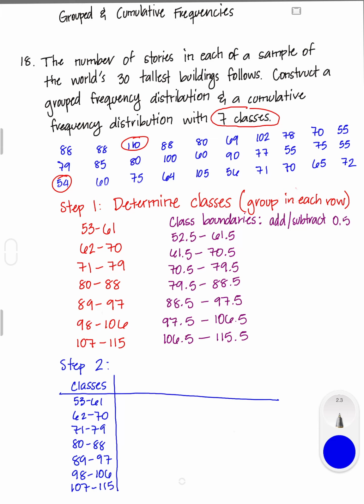Now we have the boundaries. I'm not going to rewrite those, but in this column we are going to have these values.